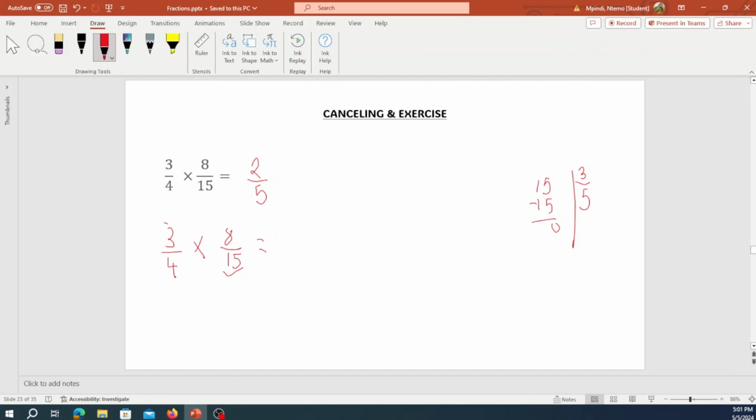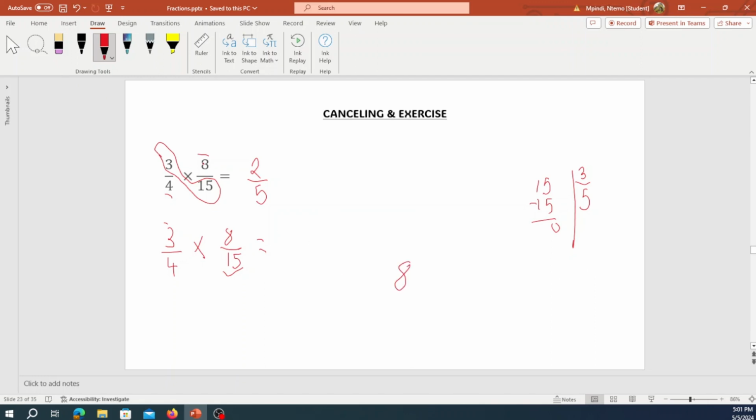Now, the 8. This part. Okay? This part. So this is what I have done here. This is the 1. Now, this part is what I have to do now. So it's gonna be 8.